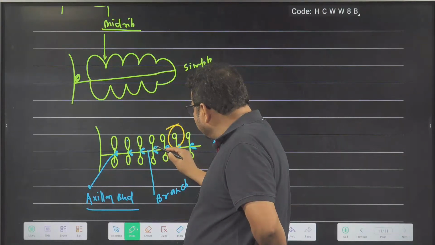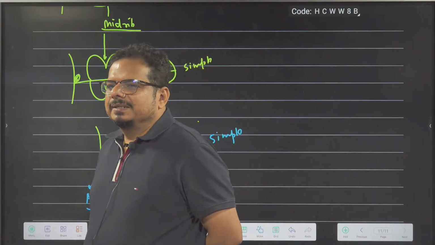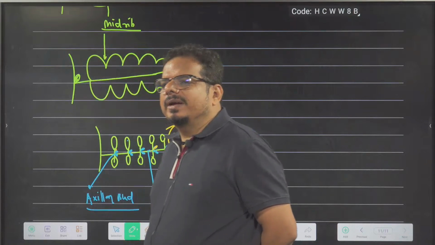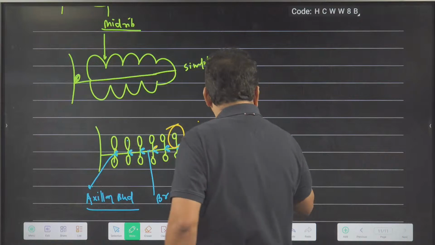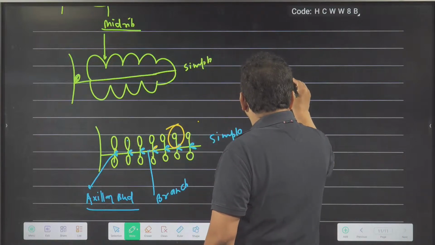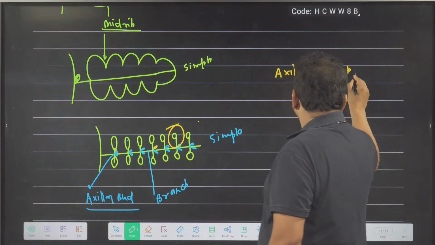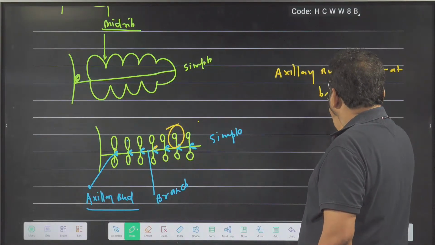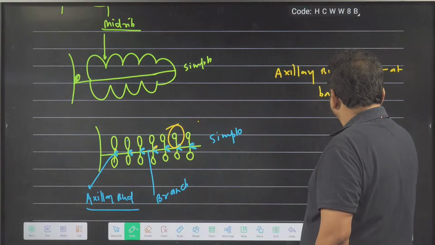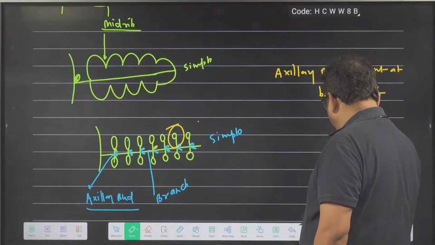At the axil, who is there? Axillary bud is there. So axillary bud helps us to identify whether it is a leaf or leaflet. Axillary bud is present at the base of leaf, not at the base of leaflet.